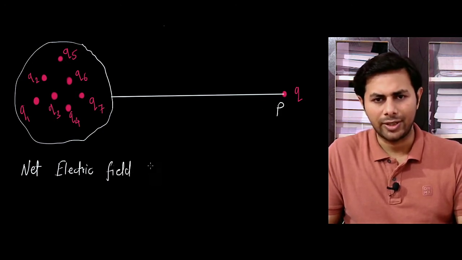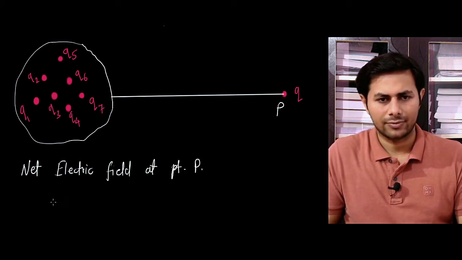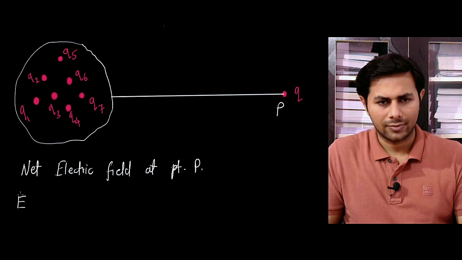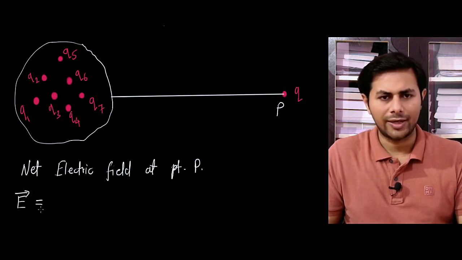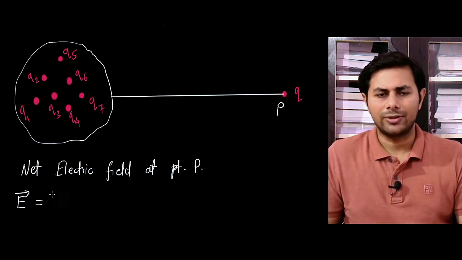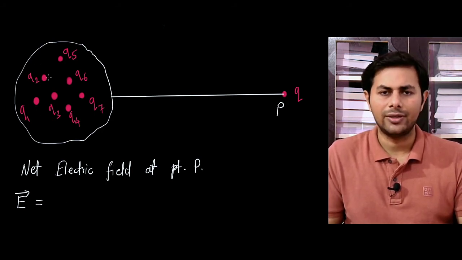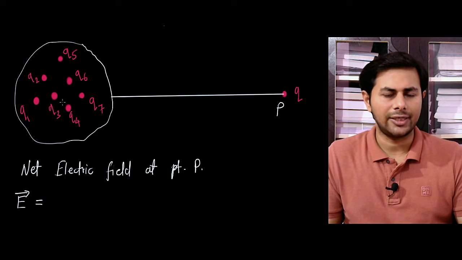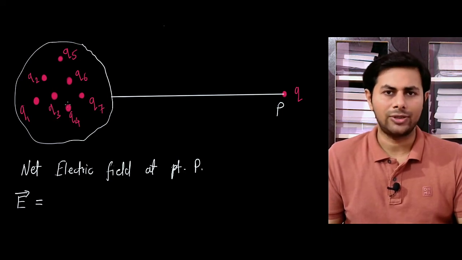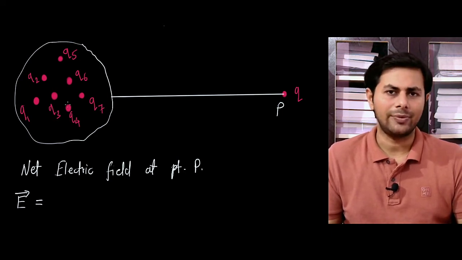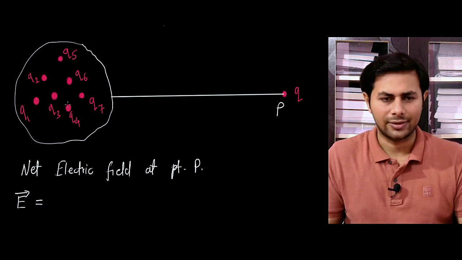Let's call this point P. So at point P, the net electric field is, suppose, E bar, so it will be equal to the electric field due to first charge plus electric field due to second charge plus electric field due to third charge, and so on and so forth, plus electric field due to nth charge.